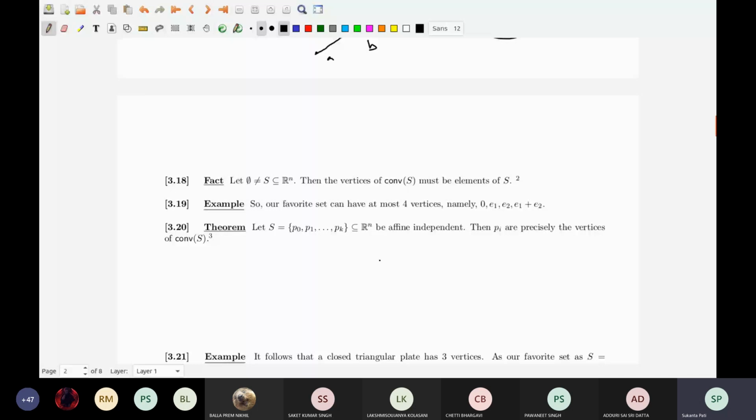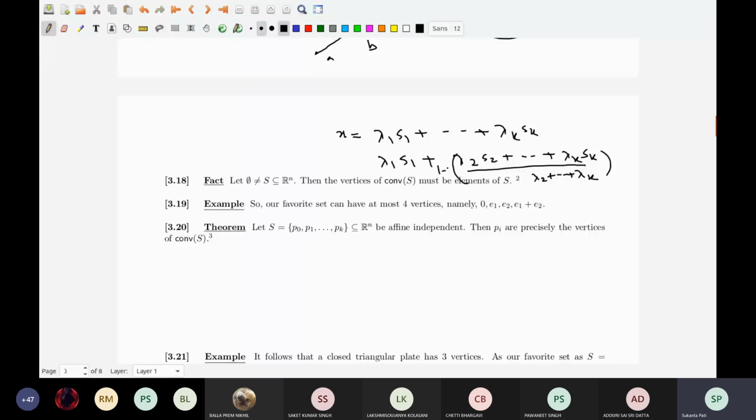Here lambda 1 to lambda k are all positive numbers summing up to 1. If that is the case, you can always write it as lambda 1 S1 plus, starting from lambda 2 S2 plus up to lambda k Sk divided by lambda 2 plus up to lambda k, and then multiplied by 1 minus lambda 1.